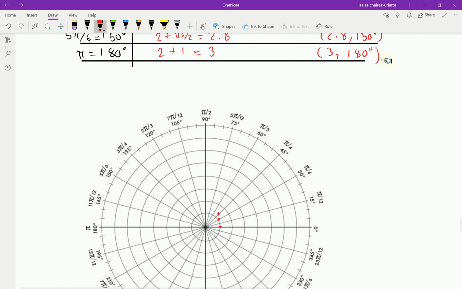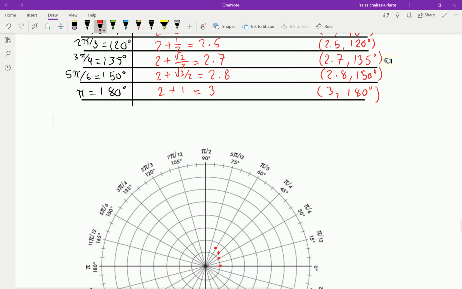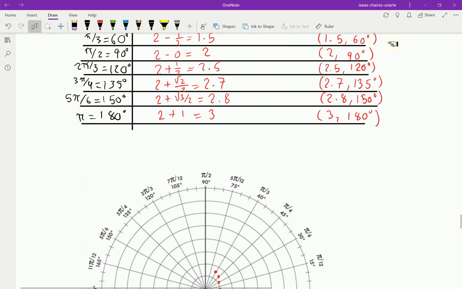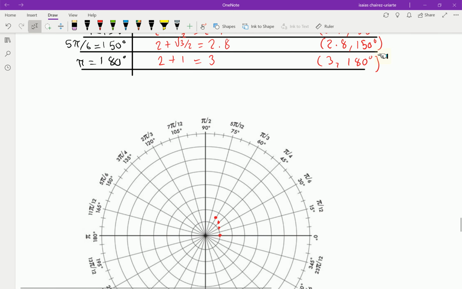So 1.5, 60 degrees, that should be right there in the middle. All right, so that one is easy. So I go 1, 2, and then 90 degrees. So that's right there.